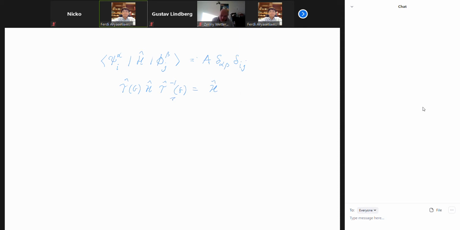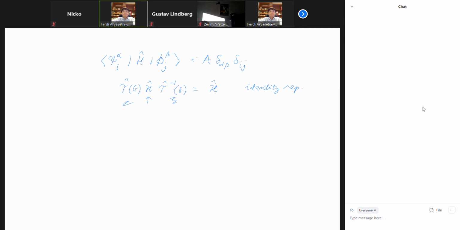This implies that the Hamiltonian transforms according to the identity representation, because it just goes back to itself when we make this similarity transformation. So if it has a certain symmetry, it belongs to the identity representation.